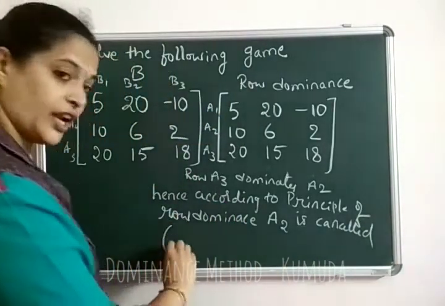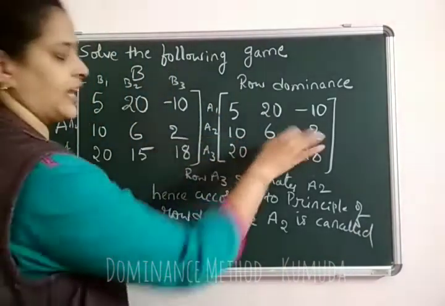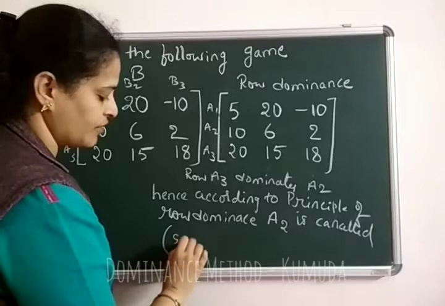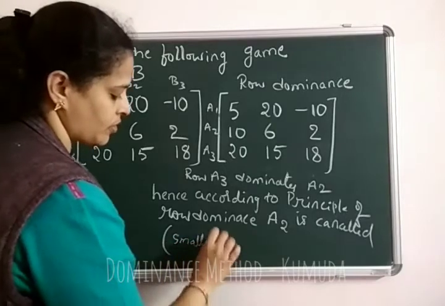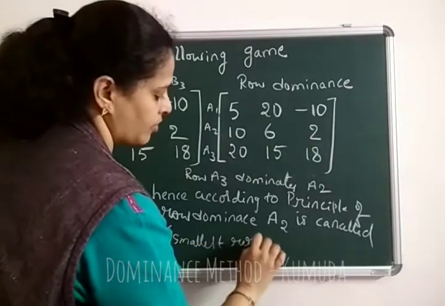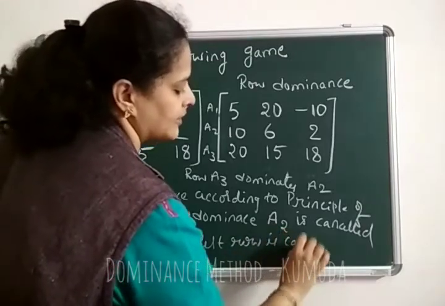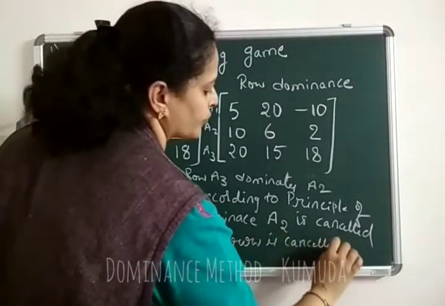Why have we chosen A2 to be the row which is cancelled? Because the smallest row is cancelled. That is the actual rule.